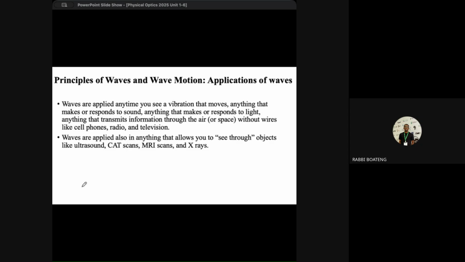You lie down or sit down, then a machine gets close to you, and we can know internally what is actually going on in your body. So interesting. And these are all applications of waves. As of now, we can predict the sex of a child within a week. Very interesting. And these are some of the things that the world is growing up to. And I'm sure there are a lot of discoveries that waves are going to bring.